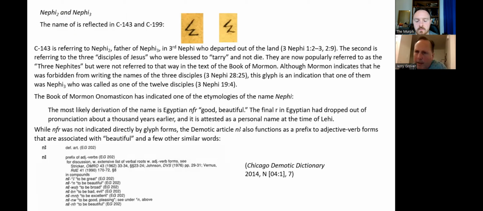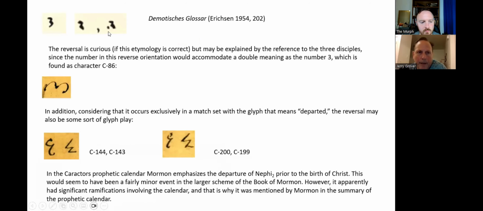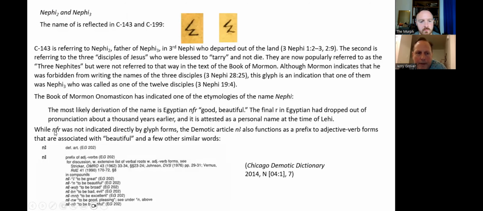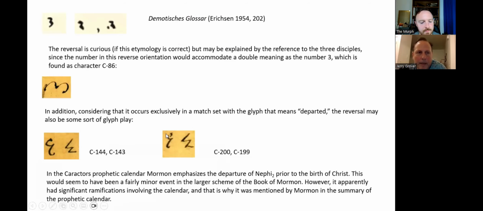I think Bowen writes about that too, that there's something more going on here, that the name is being used to describe him, and I think it describes his people as good and fair as well. And this is the form of that prefix that has the meaning to be great, beautiful, excellent, good, pleasing.